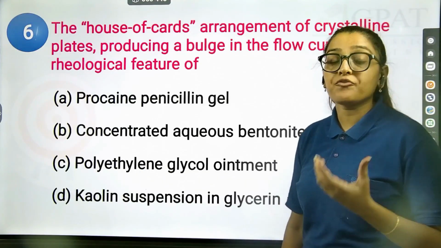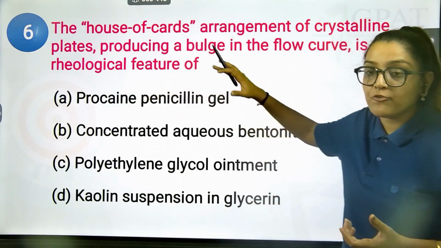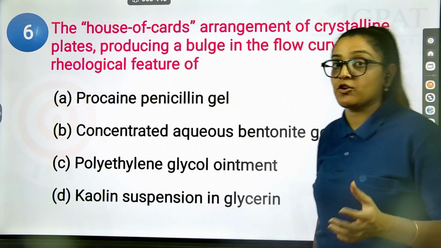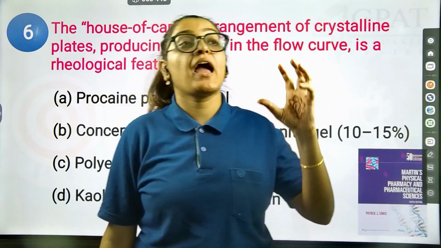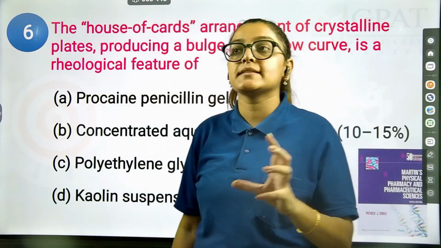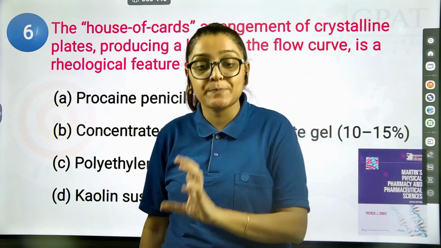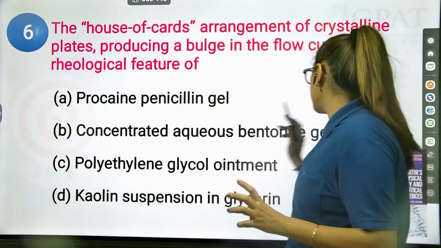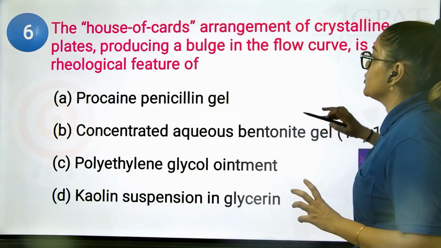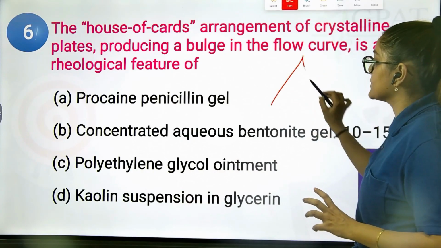Next, the house of card-like arrangement of the crystalline plate producing flow curve is a rheological feature of. Do you know exactly what the house of card appearance is? We have discussed it, I have put this name where I told you about the hysteresis loop, I told you about the bulge and spur. In the bulge I told you there is a characteristic up curve, somewhat like this, right?